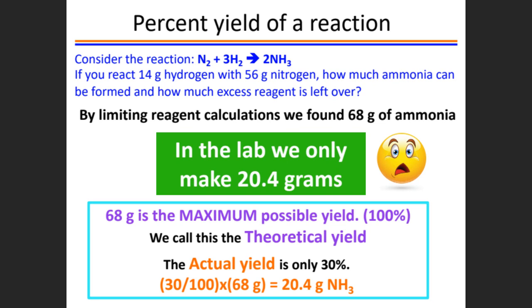Let's consider the reaction example. This is a very famous example for this presentation: nitrogen plus hydrogen, ammonia. If you react 14 gram hydrogen with 56 gram nitrogen, how much ammonia can be formed and how much excess reagent is left over?